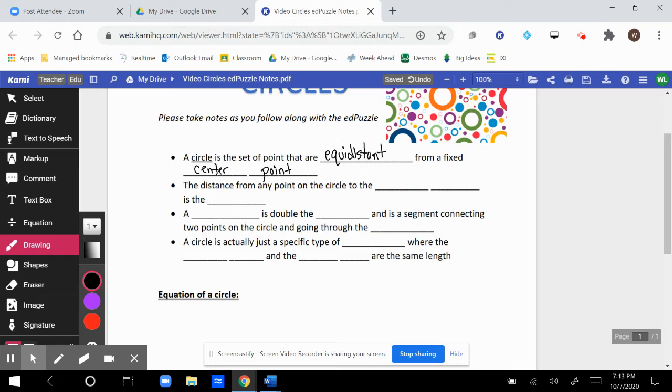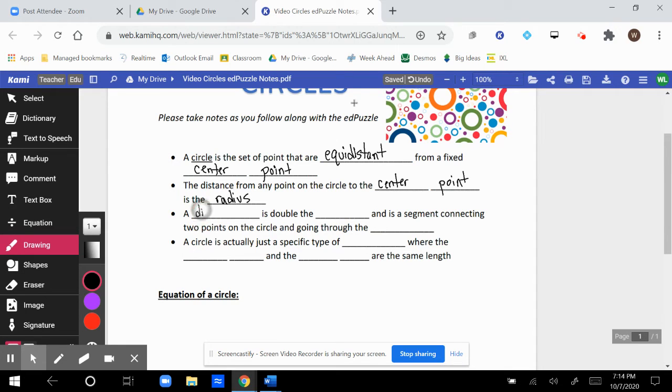And the distance from any point on the circle to that center point is called the radius. Hopefully, some of you were yelling that at your computer because you knew that already. Okay, so all the points are equidistant, the same distance from the center point, and that distance from each point to the center is called the radius.